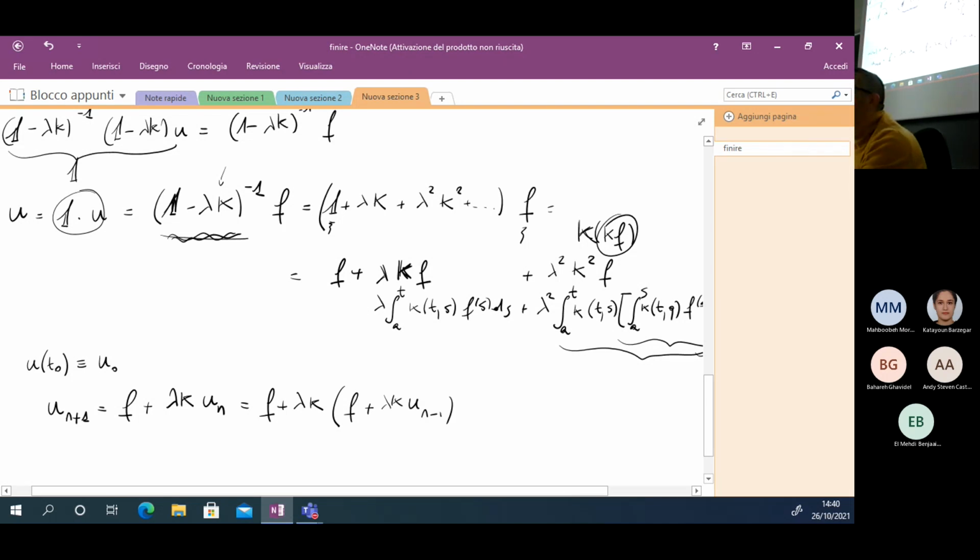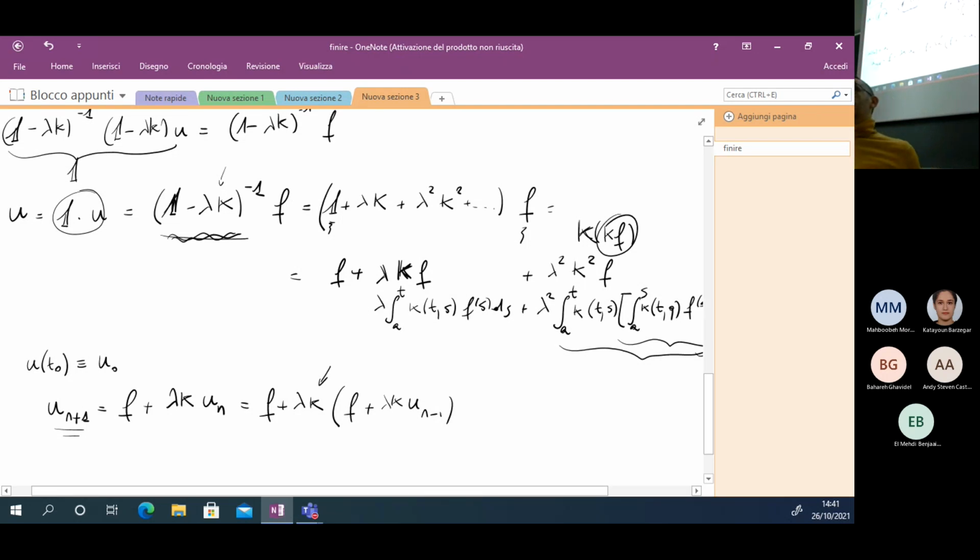So this means that if I know u0, I can reconstruct all the u's of my sequence. Those are capital K operators: integral between a and t of the kernel k of x and y, times the function on which they are operating.